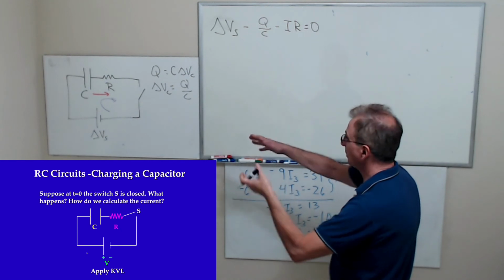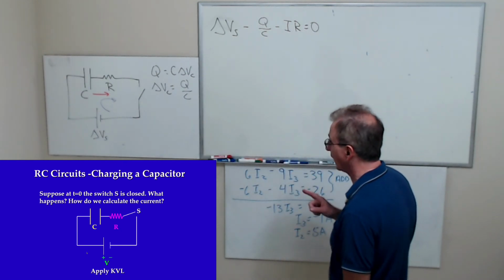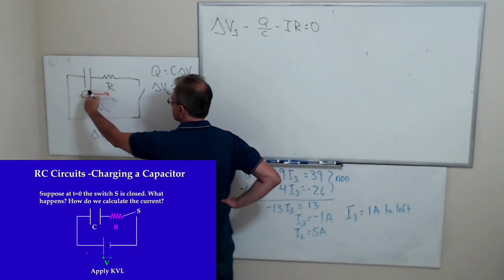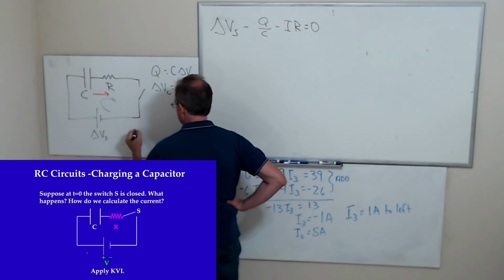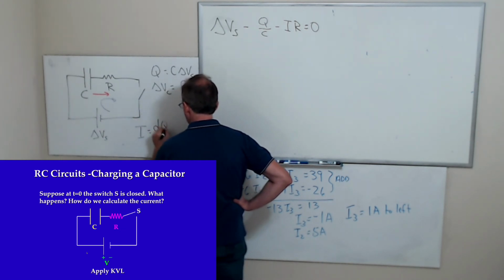I know the power supply voltage is a number. I don't know Q and I don't know I. But I do know that the rate at which this charges is equal to the current in my circuit. And so I is dQ over dt.